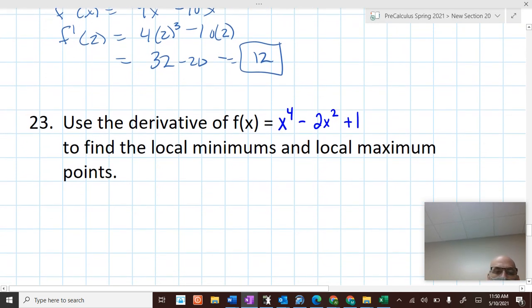Local minimums and maximums. Find the first derivative. So it's 4x cubed minus 4x. So that equals 0. Factor out a 4x.